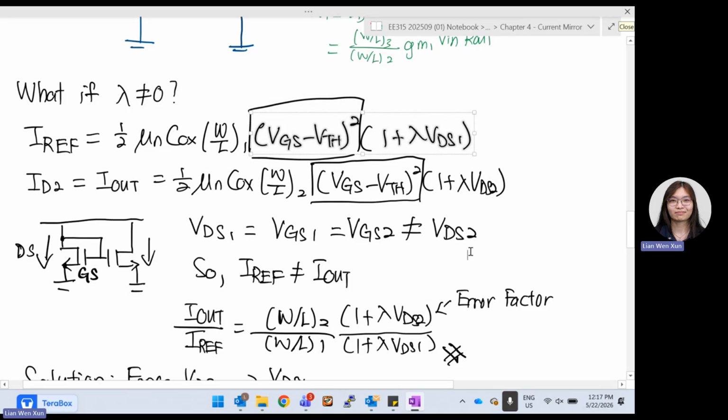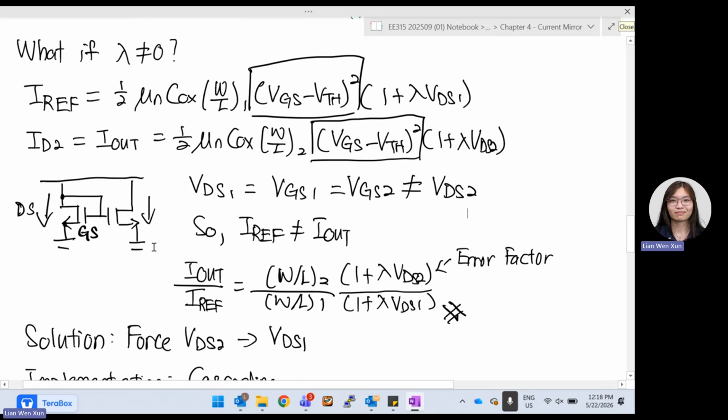VDS cannot cancel each other out, so I can still cancel out my VGS minus VTH, but VDS2 is not equal to VGS2, so I leave it here. In the end, if we consider channel length modulation, it will be the 2/1 sizing, and then 1 plus lambda VDS2 divided by 1 plus lambda VDS1. So this is the final answer when we consider it.